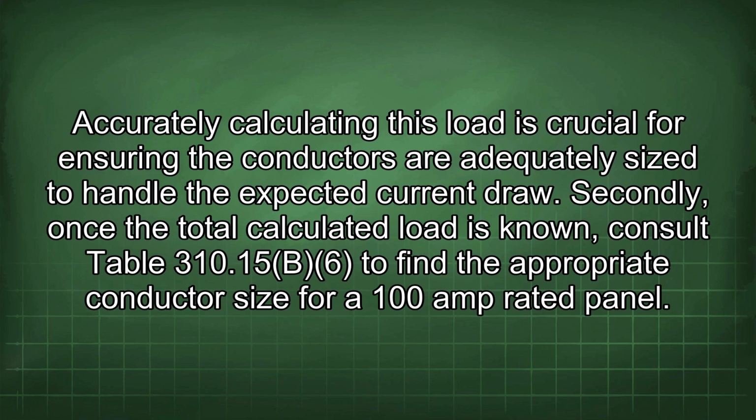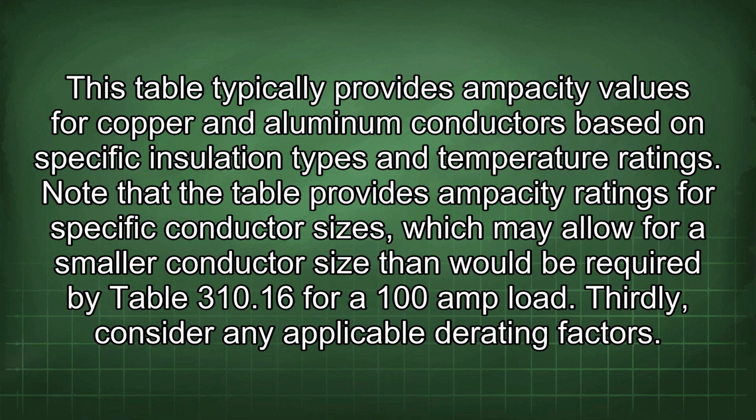Secondly, once the total calculated load is known, consult Table 310.15(B)(6) to find the appropriate conductor size for a 100 amp rated panel. This table typically provides ampacity values for copper and aluminum conductors based on specific insulation types and temperature ratings. Note that the table provides ampacity ratings for specific conductor sizes, which may allow for a smaller conductor size than would be required by Table 310.16 for a 100 amp load.